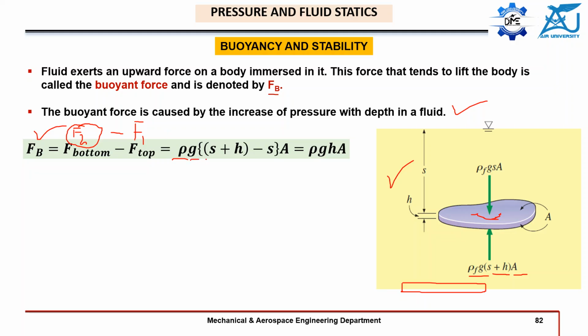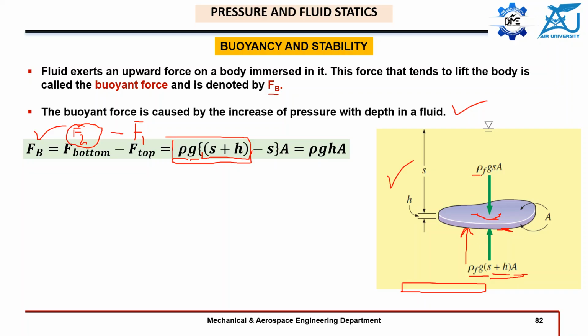Then g is the gravitational acceleration. Here this is actually the first force, which is acting on the bottom surface in the upward direction, because it is a reaction force.